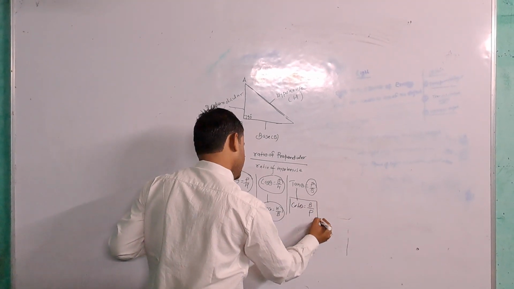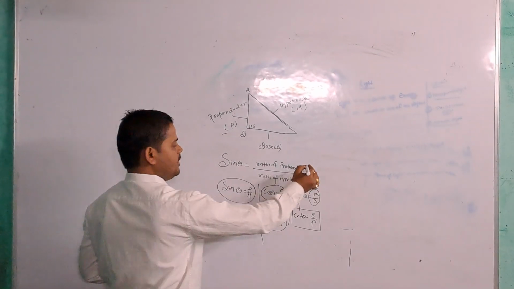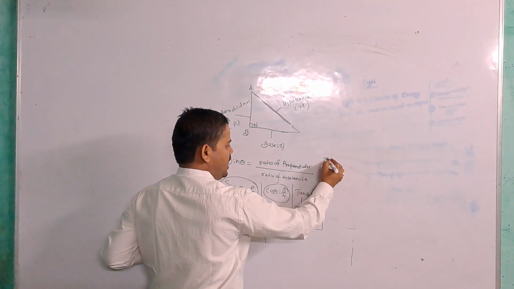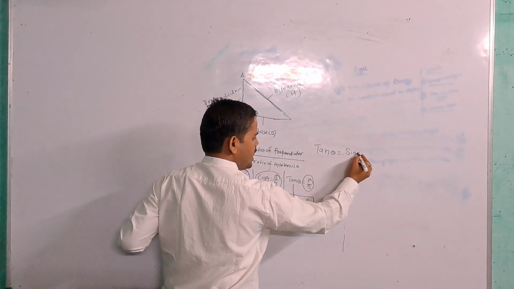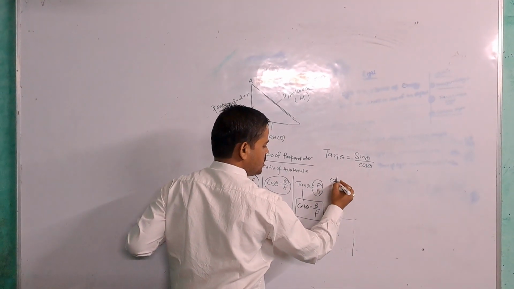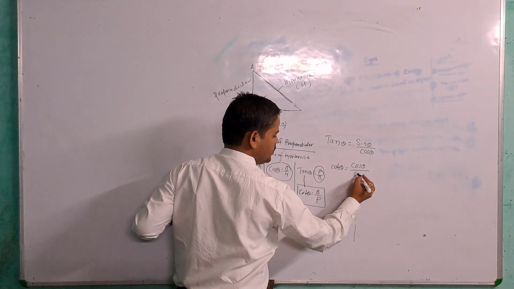There is another important ratio about sin theta and tan theta. We can also represent tan theta in the form of sin theta and cos theta, and cot theta is also represented by cos theta upon sin theta.